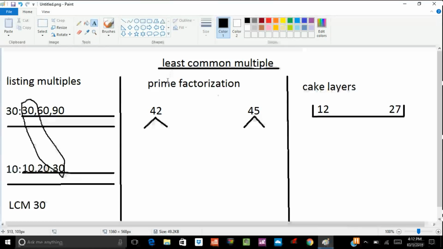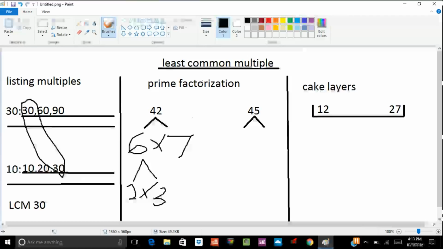Now we're on to prime factorization, with 42 and 45. We could divide 45 and 42. I'm going to use the brush. What I'm going to do is 42 first. So 6 times 7. 7 is prime. 6 can be divided into 2 times 3.